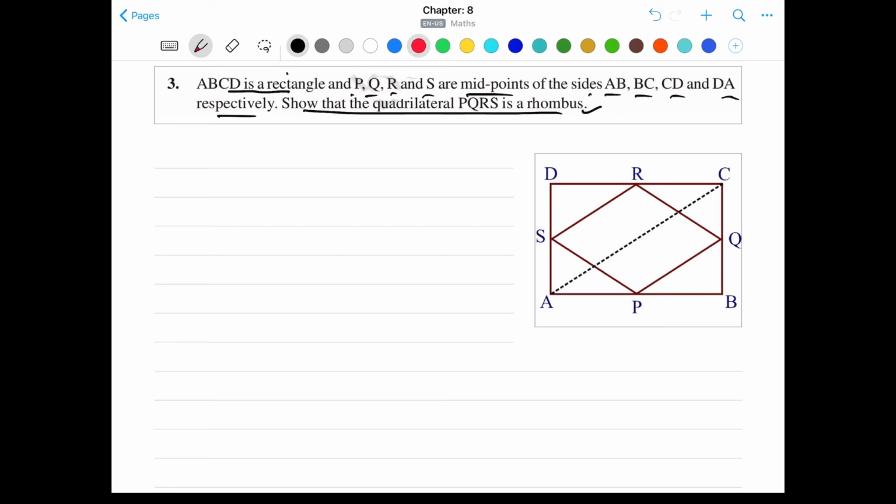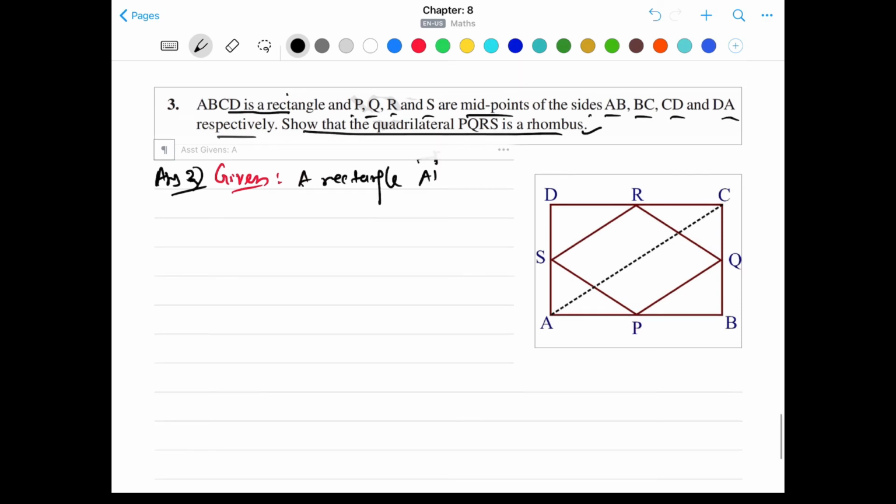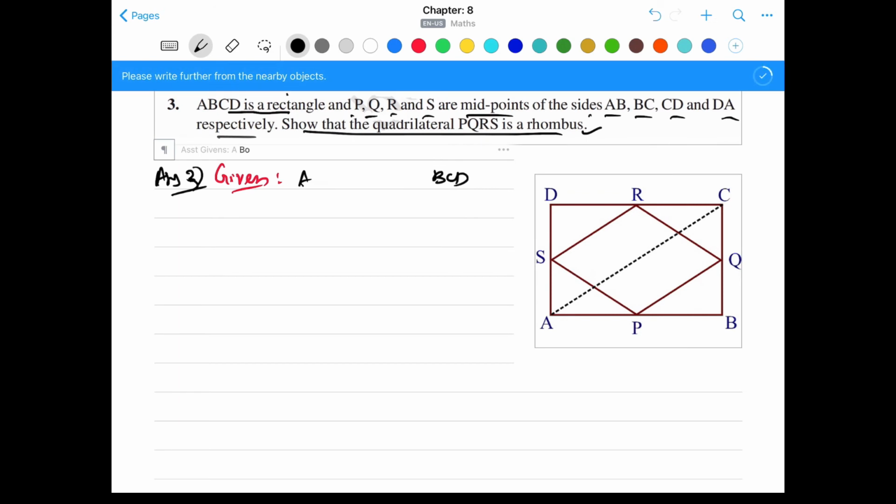First we'll write the given and the to prove part. So let's write answer number 3.